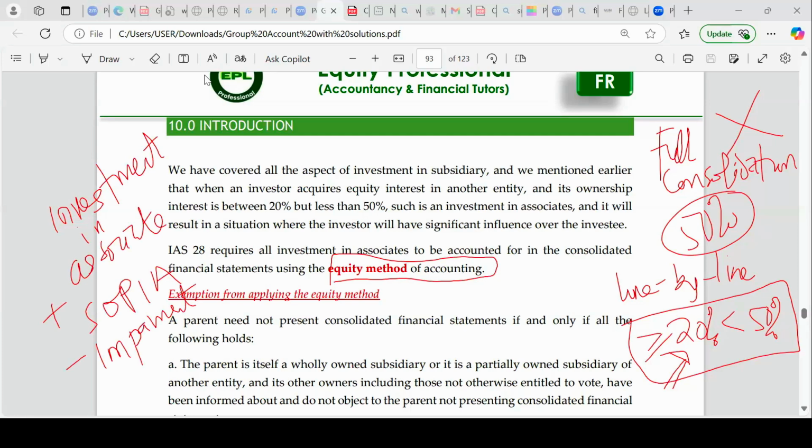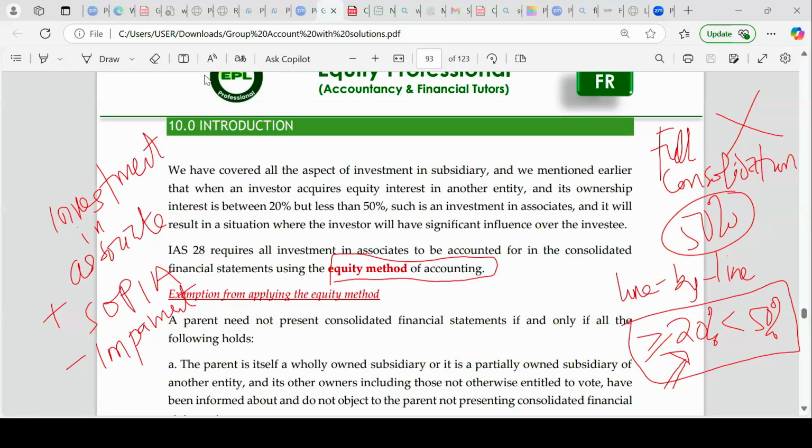Any impairment on this investment. That is all we are going to do. We are going to increase our investment in associates by adding the share of profit in associates and deducting any impairment on the investment. All right?